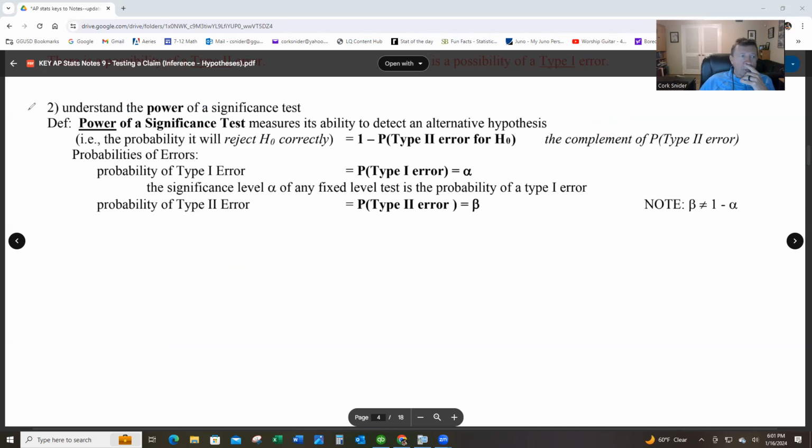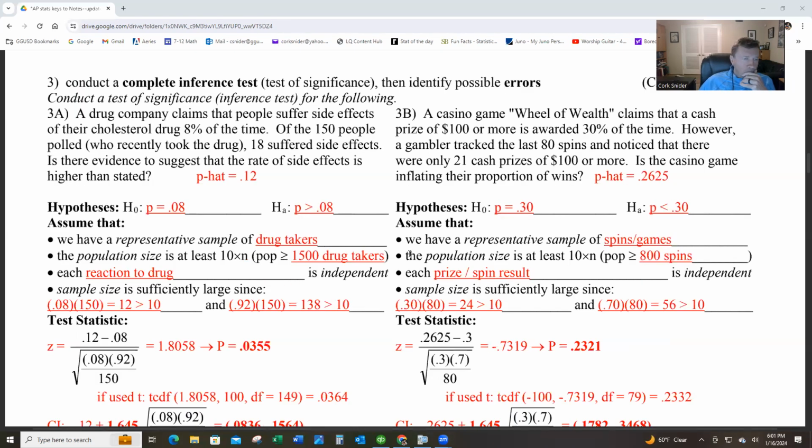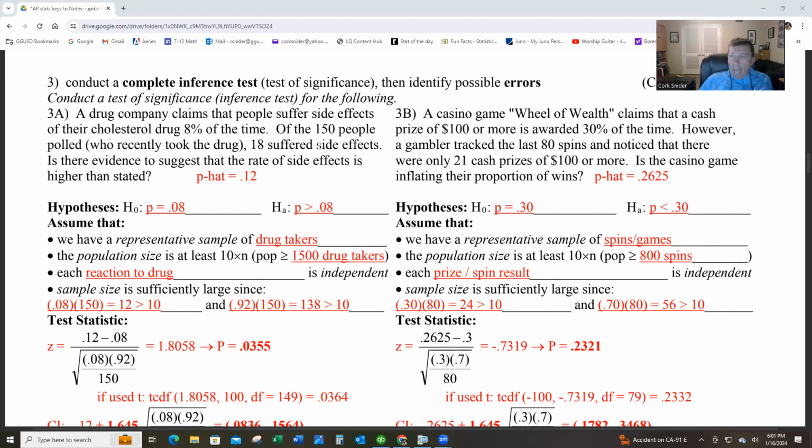All right, let's try to go on to some examples here. Have your calculator ready. All right, here's a claim. I'm on 3A here. Drug company claims that people suffer side effects from a cholesterol drug 8% of the time. 150 people were asked, and 18 had the side effect. That's 12%.